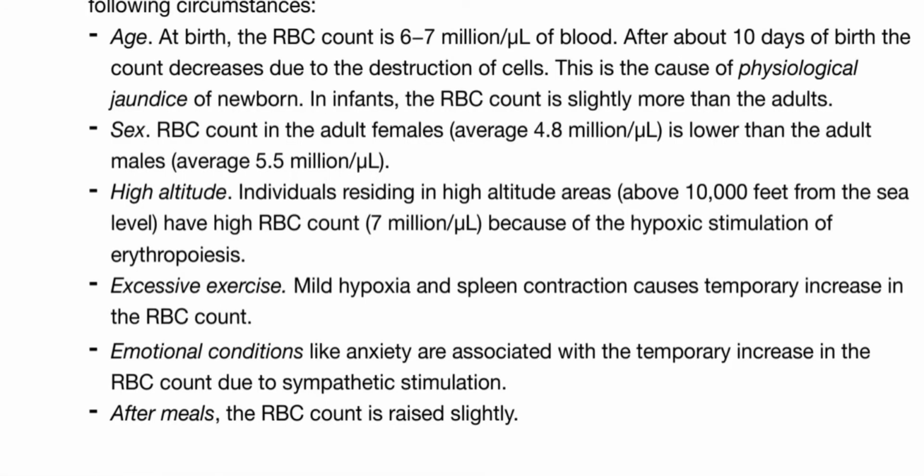At birth, the RBC count is 6 to 7 million per microliter of blood. After about 10 days of birth, the count decreases due to destruction of cells. This is the cause of physiological jaundice of newborn.